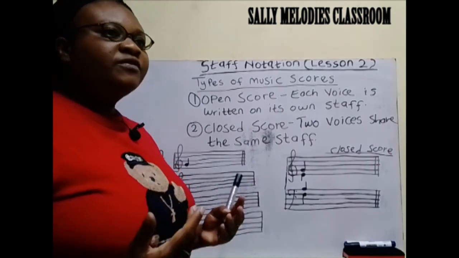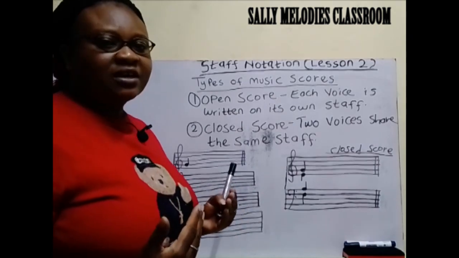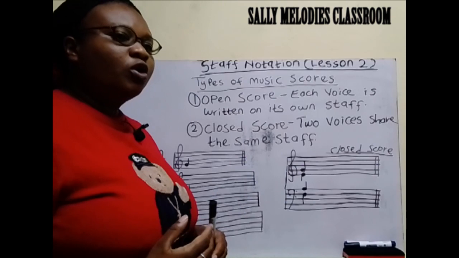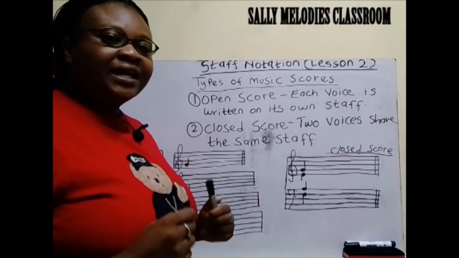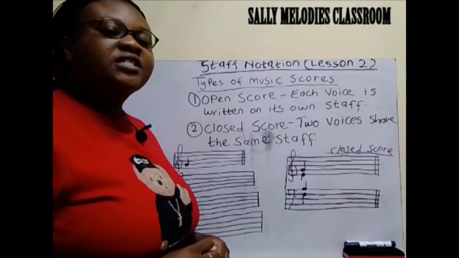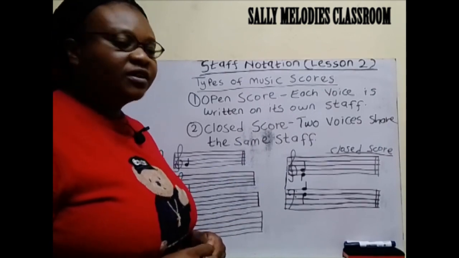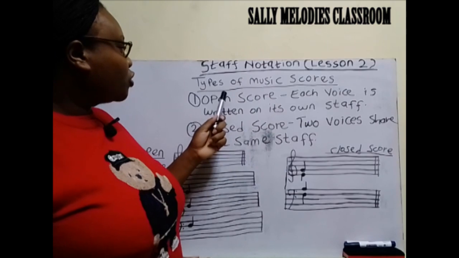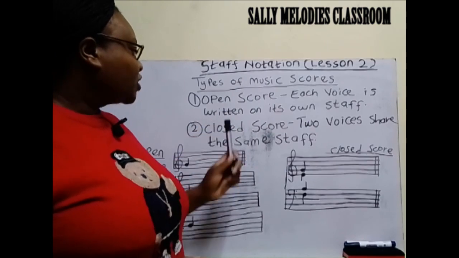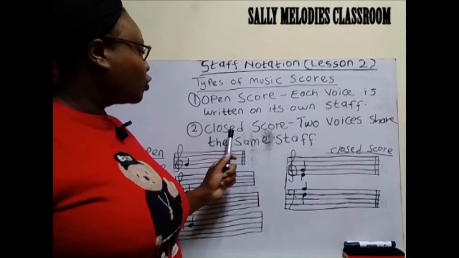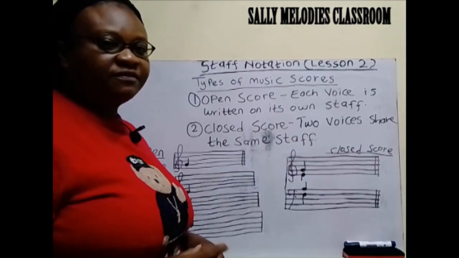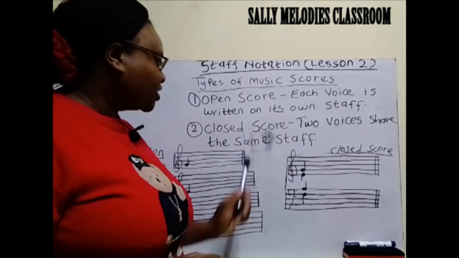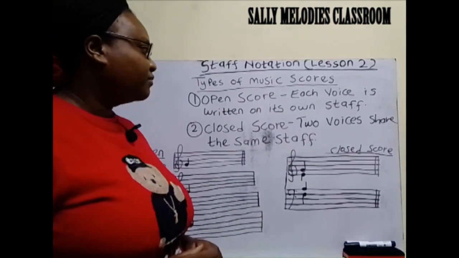If you have two voices singing, or 3 or 4, or even more, each voice is independent on its own staff. Then the opposite of open is closed. So number 2, we have closed score. Two voices are sharing the same staff.